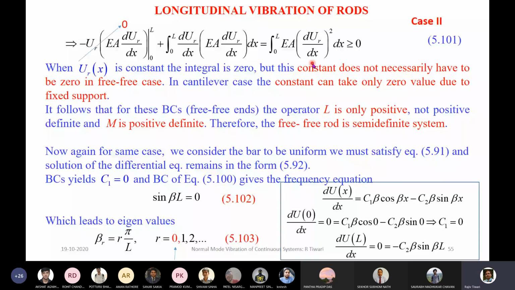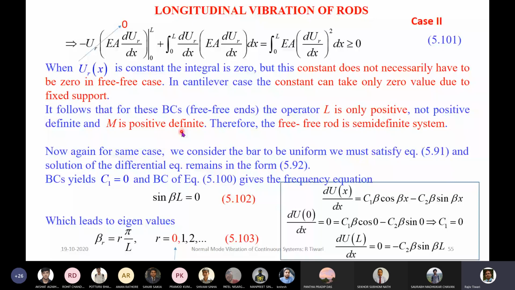The M operator is always positive definite, because the kinetic energy is zero when velocity is zero, and it cannot be zero for any other velocity. So L operator is positive, M operator is positive definite.